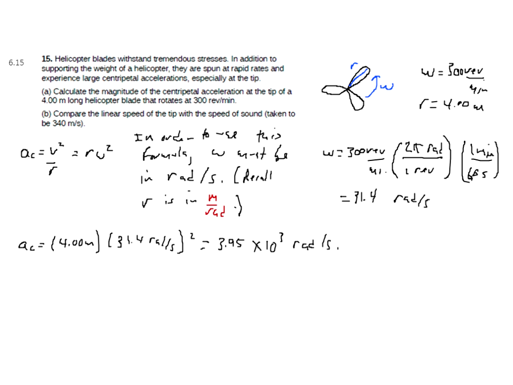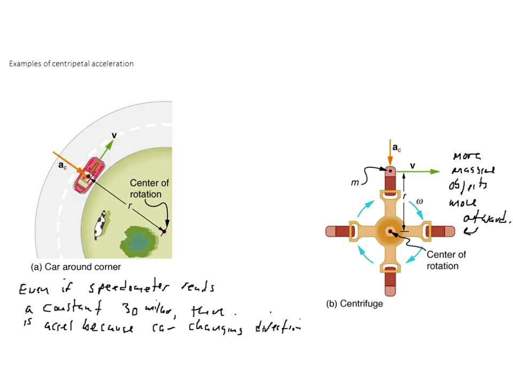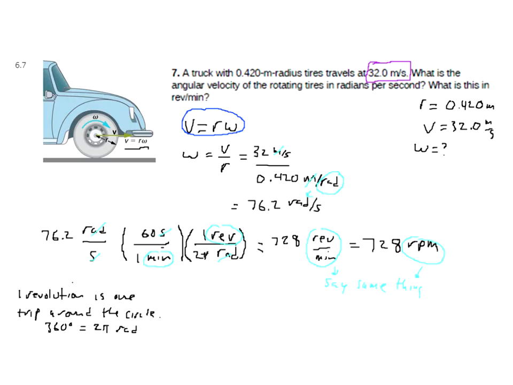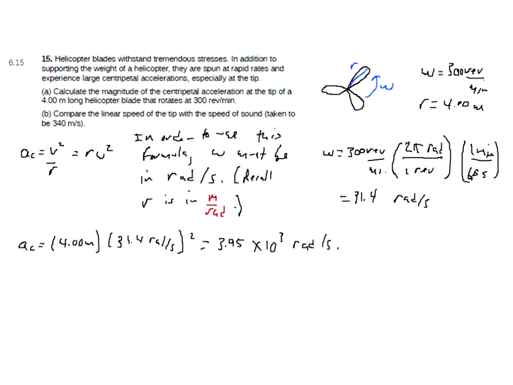And then compare the linear speed at the tip to the speed of sound. So if we look back, we see that v is r omega. Four meters times 31.4 radians per second.